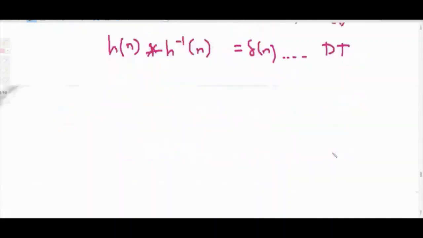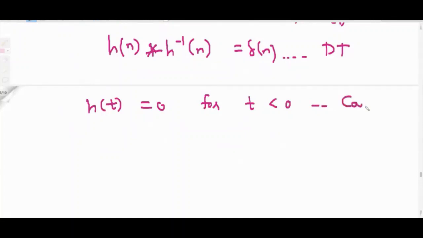Just see 3 points for causal. What is the condition? h of t equal to 0 for t less than 0. This is the condition for continuous time causal system.